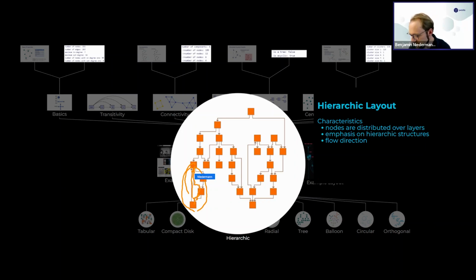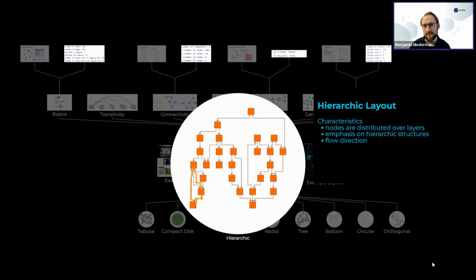Maybe I should redraw this. So here you have a cycle. So this graph is actually not acyclic, but basically, if you assume that you have not too many cycles in the graph, the hierarchical layout really is a good choice for showing such diagrams.